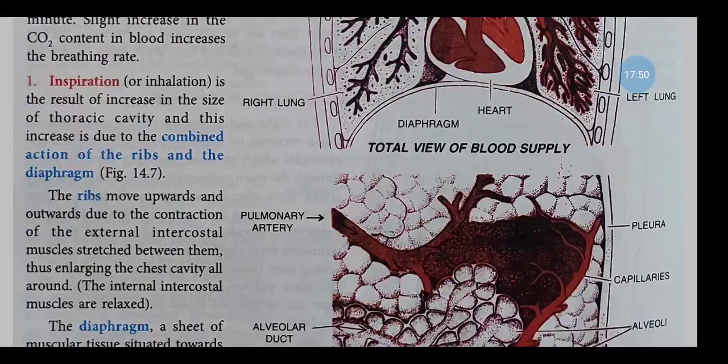Means when you inspire the air, your diaphragm lowers down toward the abdomen, which increases the volume of your lungs, which results in the movement of air from the atmosphere into your lungs.